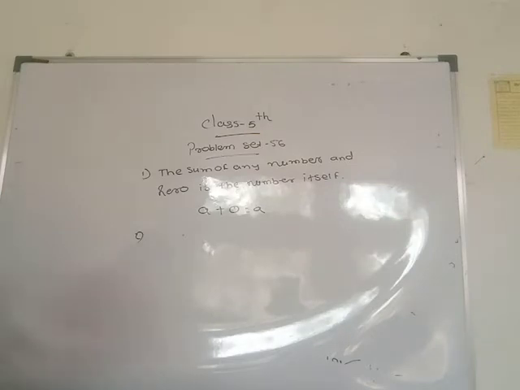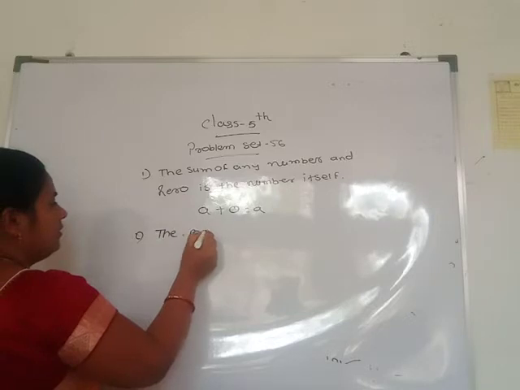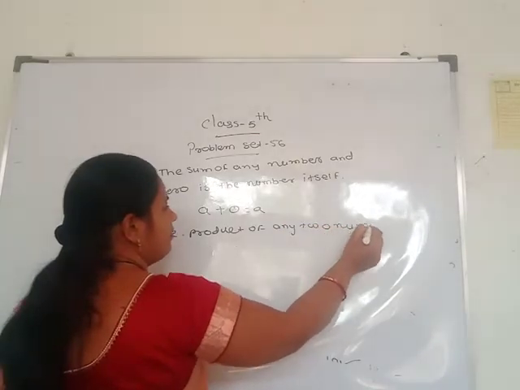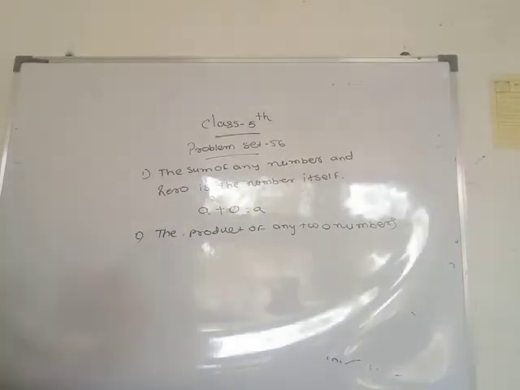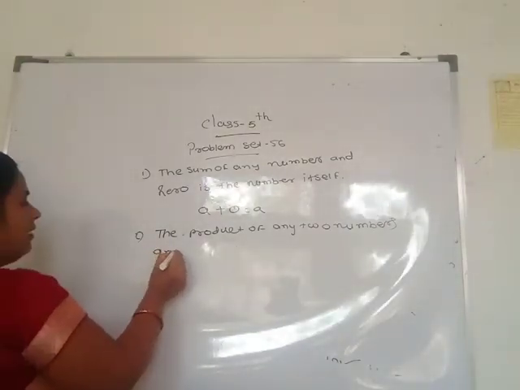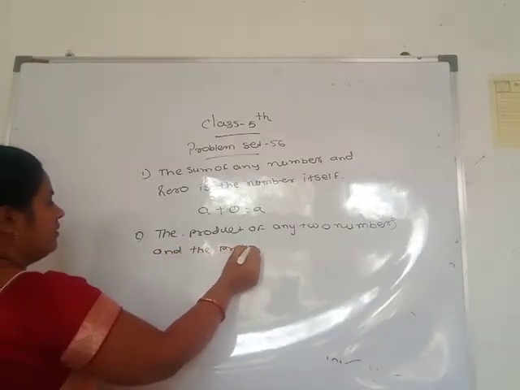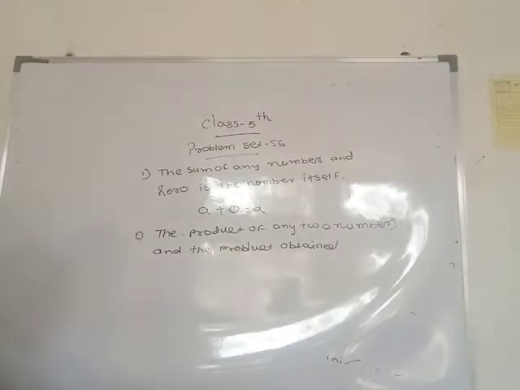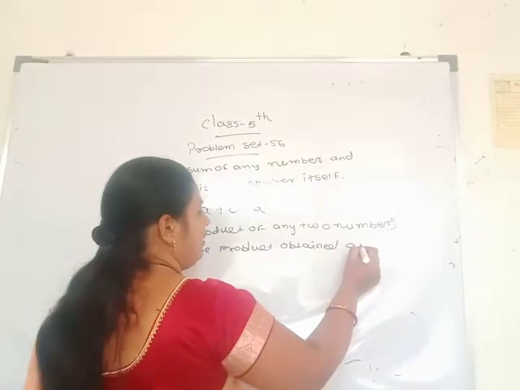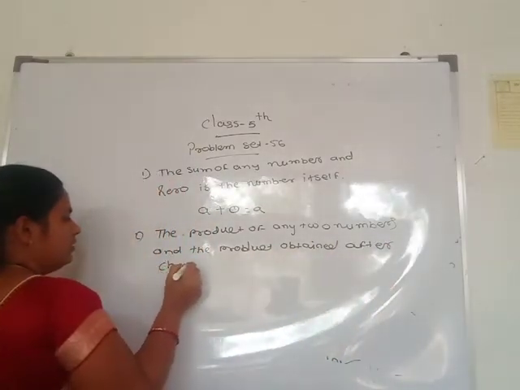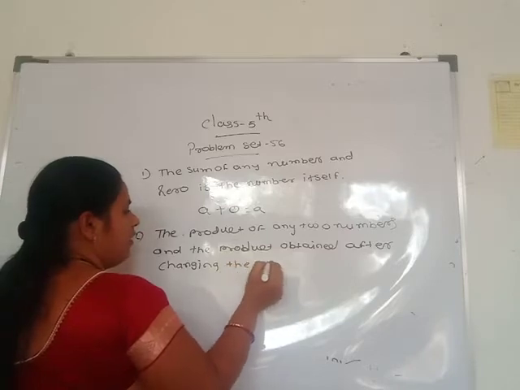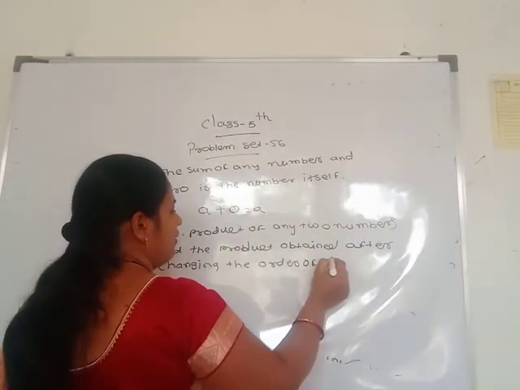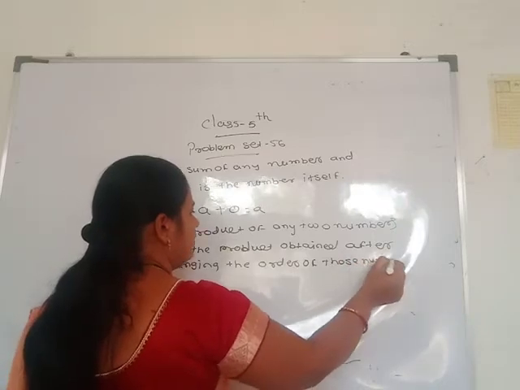Second one, the product of any two numbers, and the product obtained after changing the order of those numbers is the same.